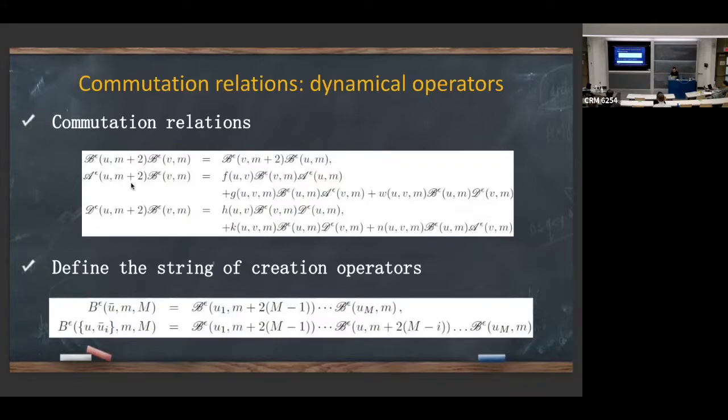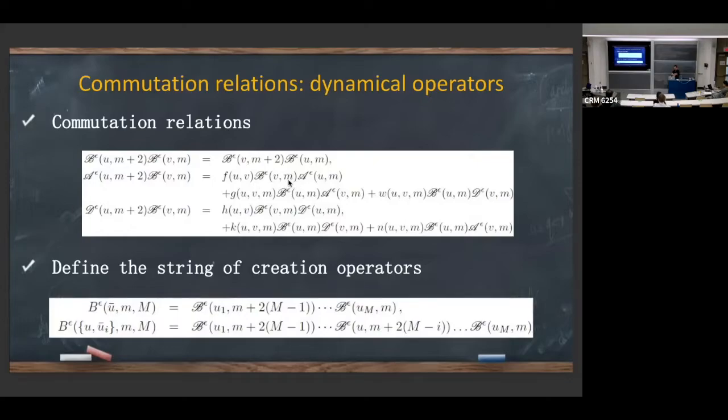Also for AB and DB it's similar, but the structure constants also depend on this M parameter, except for F and H. These are the two more important coefficients in these commutation relations, and they do not depend on this M parameter.